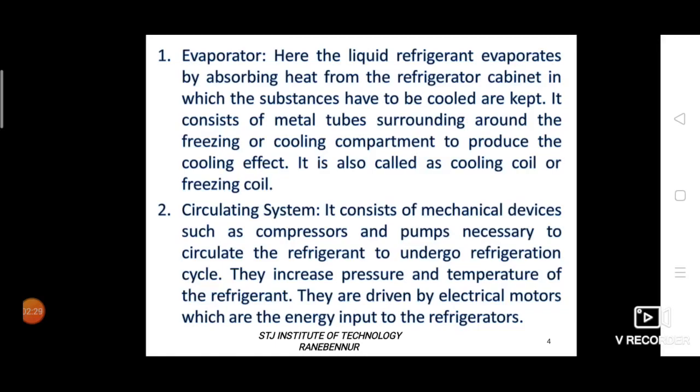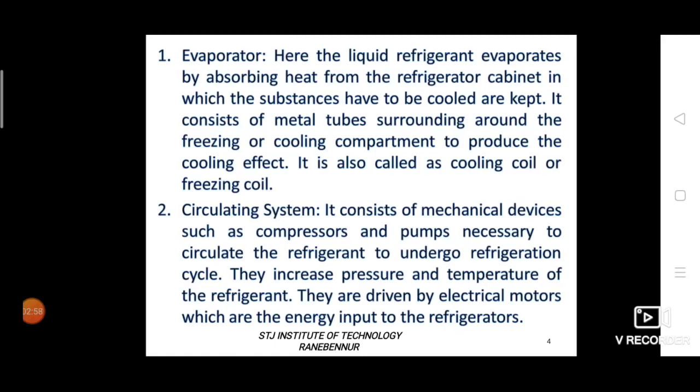This liquid refrigerant, which is at low pressure and low temperature, absorbs heat from the space or substance which has to be cooled, and by absorbing that heat, it changes its phase from liquid to vapor, so that you get a cooling effect. That's why the evaporator is also called a cooling coil or freezing coil.